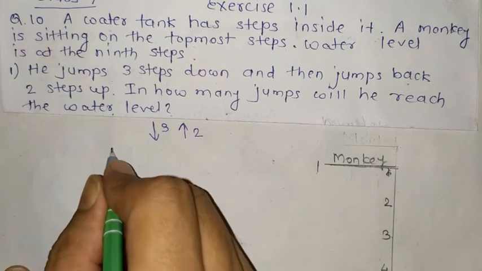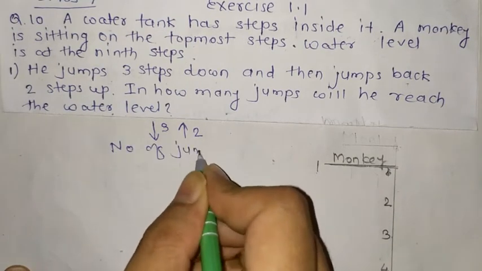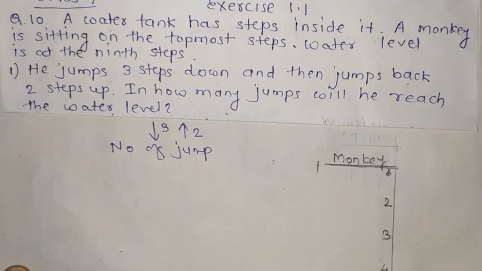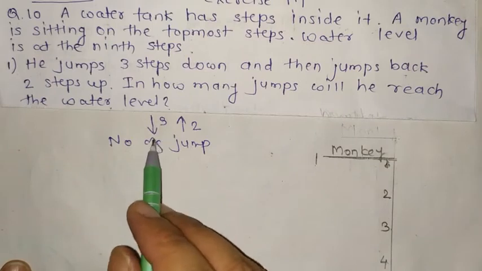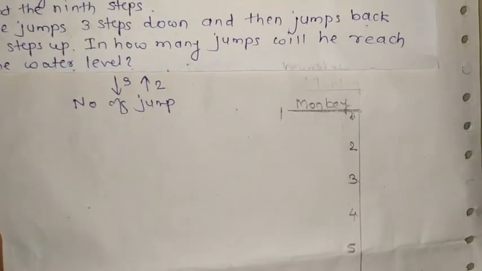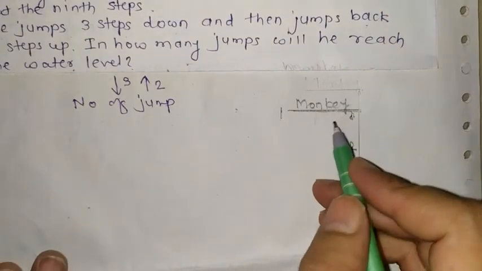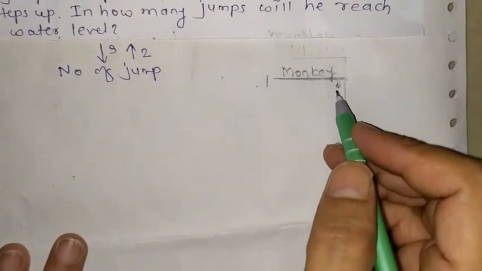It means you have to count the number of jumps required by the monkey for going into the water level. And here the logic is 3 steps first downside and 2 steps upside. So we assume the monkey, as given in the question itself, is present at step number 1.